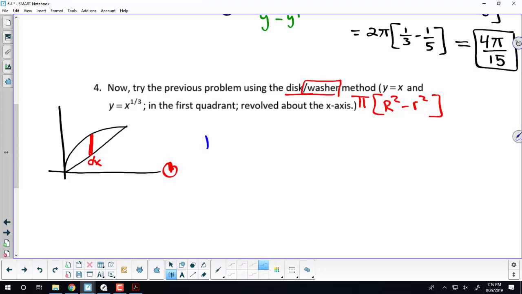Okay, what's my outer radius? Is that distance there? So that's x to the 1/3. That's the outer radius, and then my inner radius is the distance from the bottom function to the axis of revolution. So that's just x.